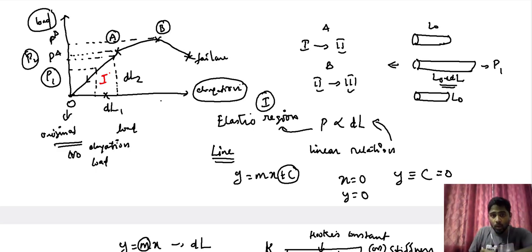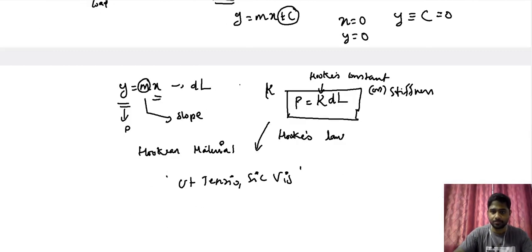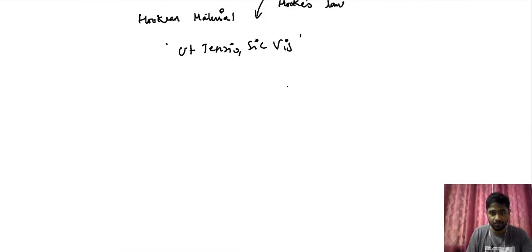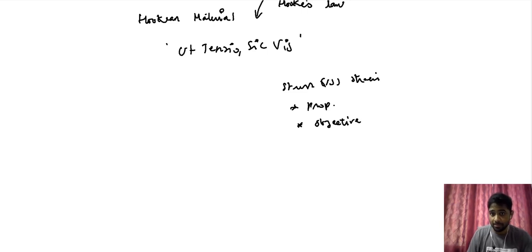Now, in order to understand the property of the material, in order to have an objective understanding of the behavior of the material, the stress versus strain curve could be important. The stress versus strain curve plays a critical role when you want to understand the properties of the material, or when you want to have an objective discussion on the behavior of the material.